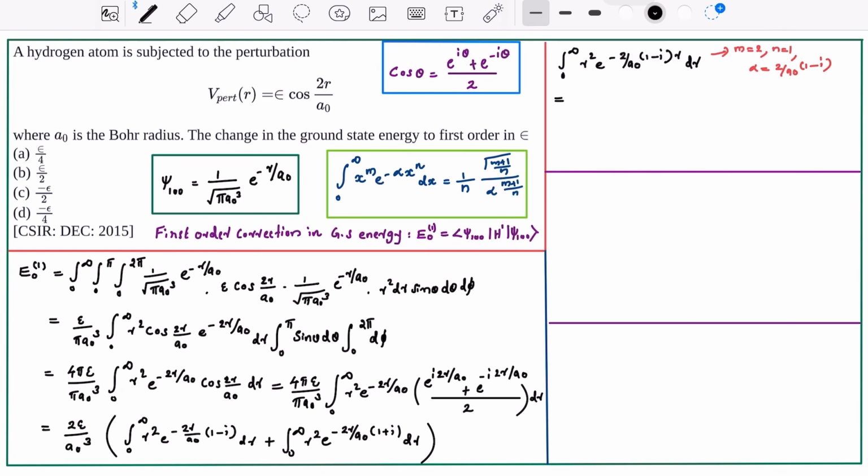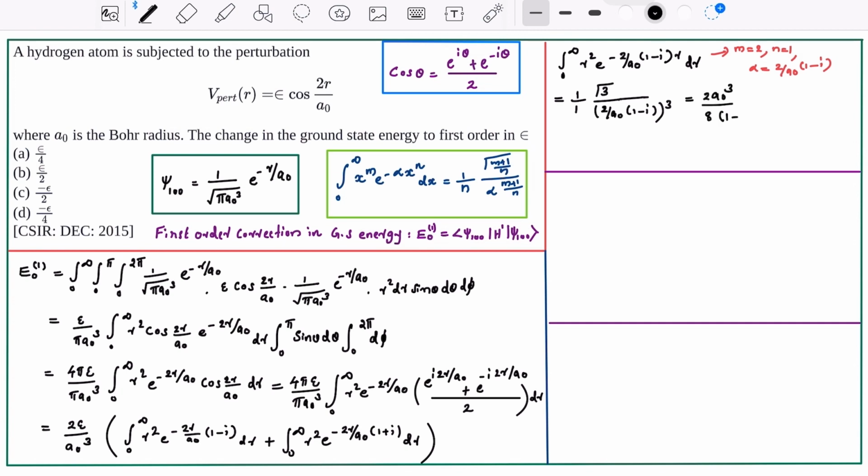Therefore, from the standard integral we have the result gamma 3 divided by (2 by A0 (1 minus i)) cubed.